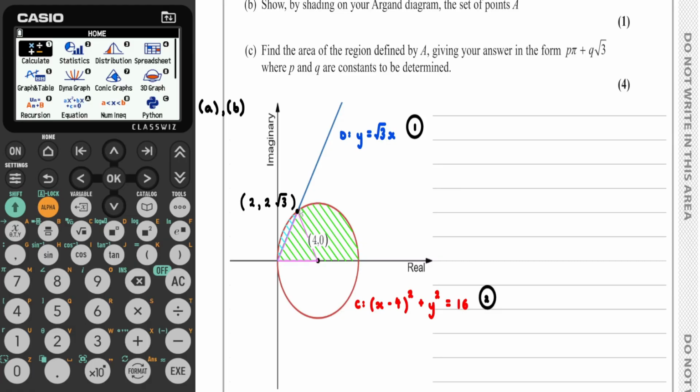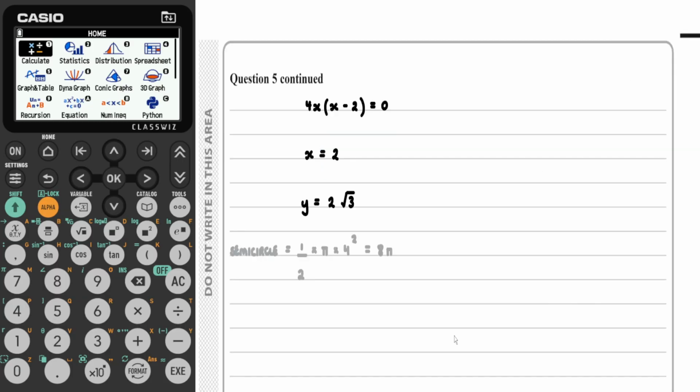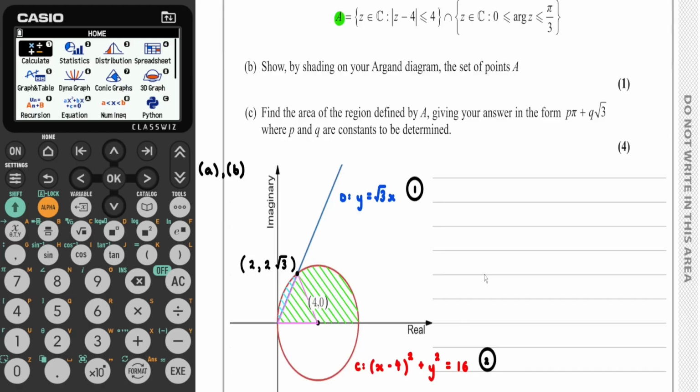We have an equilateral triangle. This is 4. This is also 4. And the angle is pi over 3. So we can find out the area of the sector. The area of the sector is a half times 4 squared times pi over 3, which is 8 pi over 3.